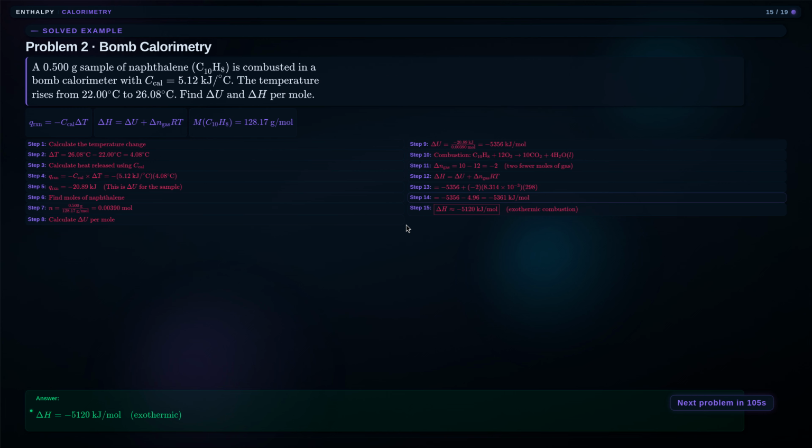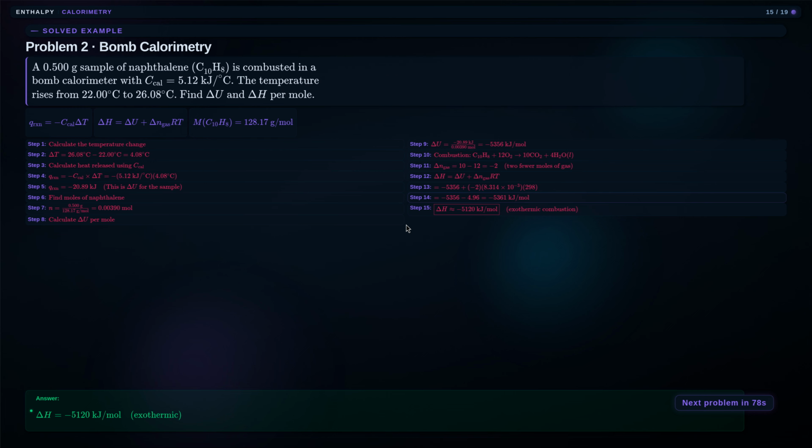Temperature change. 26.08 minus 22.00 equals 4.08 degrees Celsius. Step 2. Heat released. Q equals negative C cal times delta T. Negative 5.12 times 4.08 equals negative 20.89 kilojoules. This is delta U.